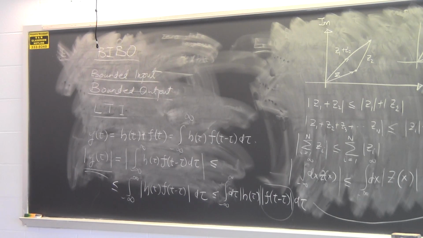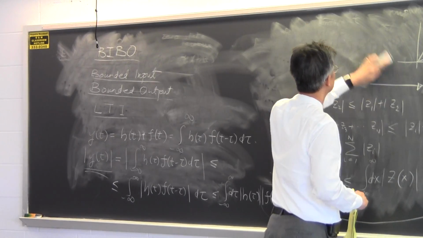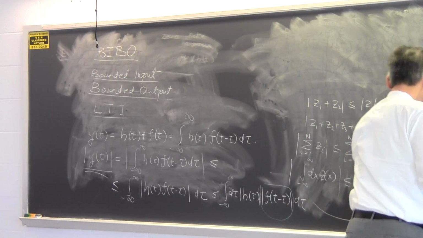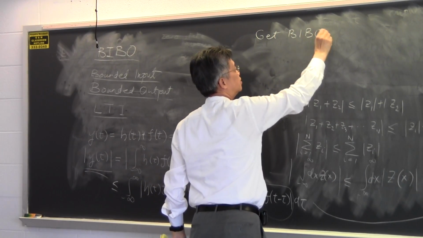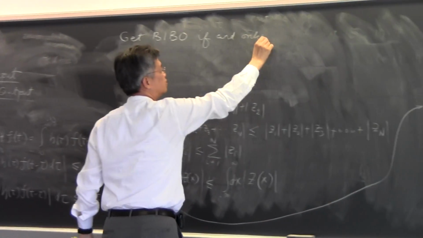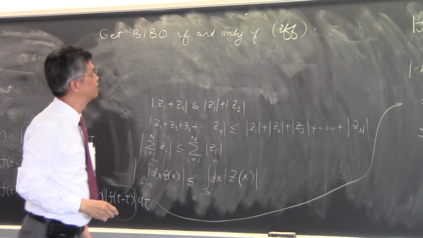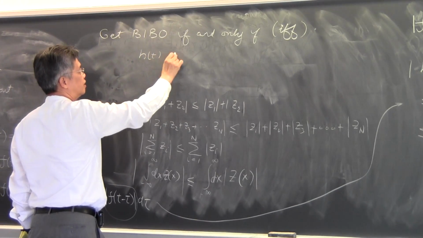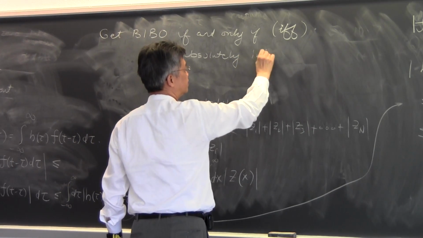It is bounded output if and only if, and usually mathematicians write this as iff, if and only if h of t is absolutely integrable.